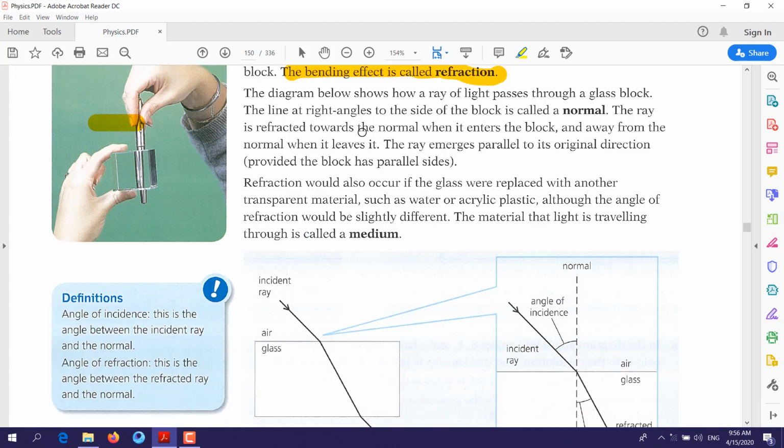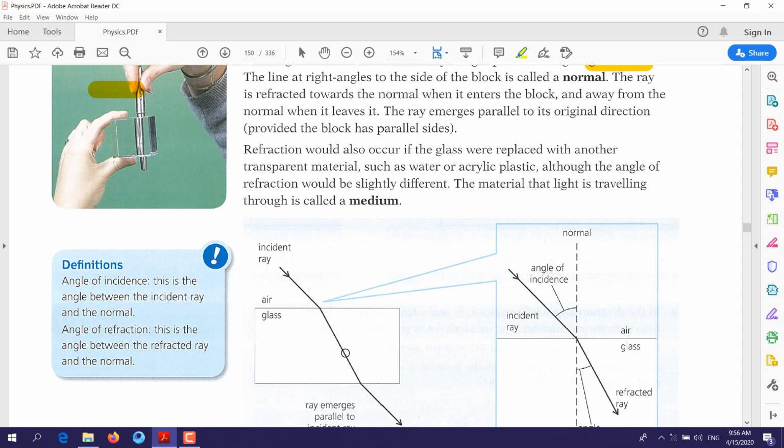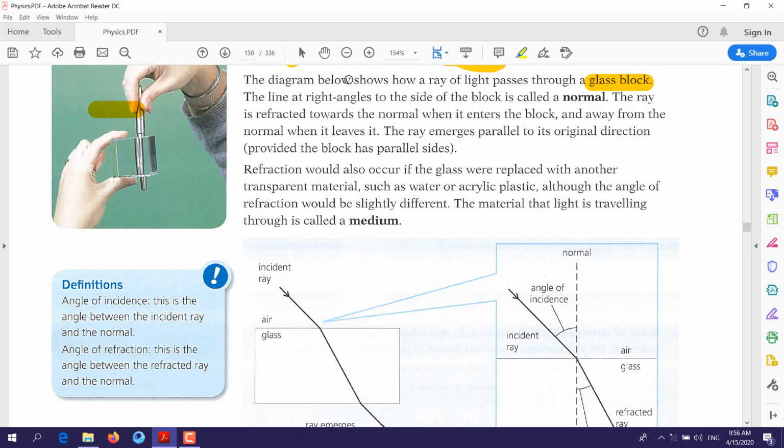Now the diagram below shows how a ray of light passes through a glass block. Here this area is air, and this area is the glass, and here it's the light. See how the light, when it is passing from air to glass, what happened here? It bends, it refracts, and then when it goes from glass to air, again it will bend, or it will refract again.